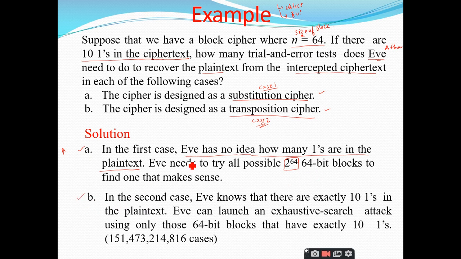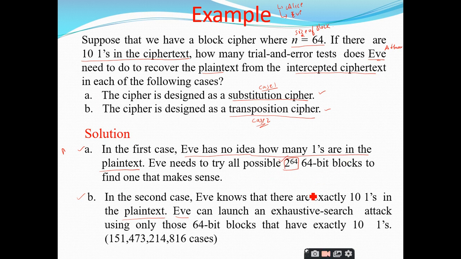But in the second case, since they have used the transposition cipher, Eve comes to know that there are exactly 10 ones in the plain text also. Why? Because the ciphertext consists of 10 ones and the same happens in the plain text. Now there is no need to check all the 2 power 64 possible combinations.